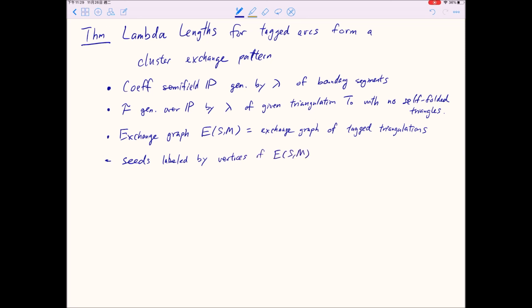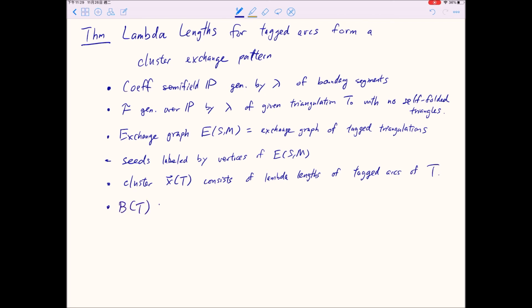So each triangulation gives you a seed, and each cluster of a triangulation will consist of the lambda lengths of the tag arcs of your triangulation.